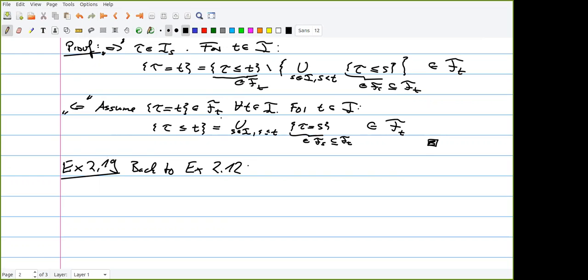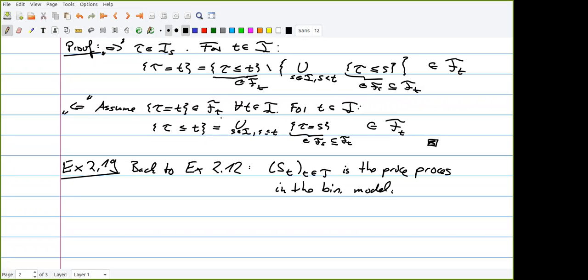We have the price process as in our binomial model.